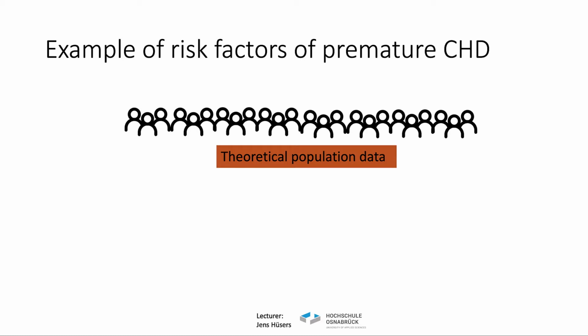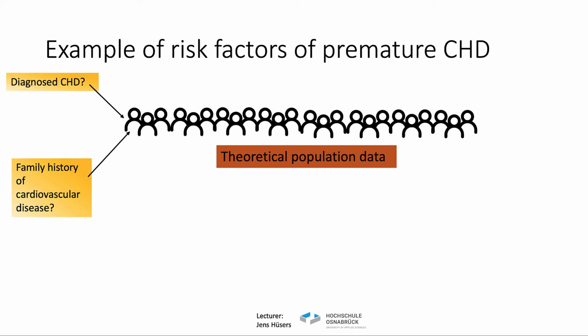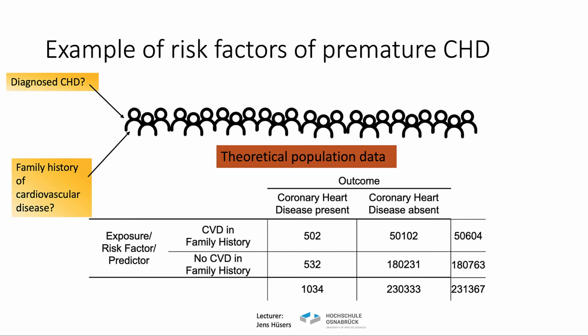Let's imagine that we include all individuals of a population from a specific area in our study. We record if a close family member had a cardiovascular disease in the past and if an individual has a premature coronary heart condition. Then we construct a 2x2 contingency table to analyze our data.